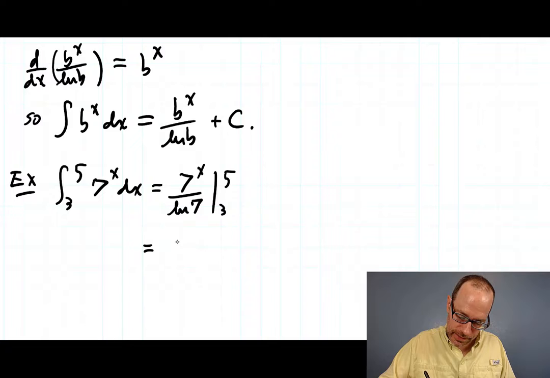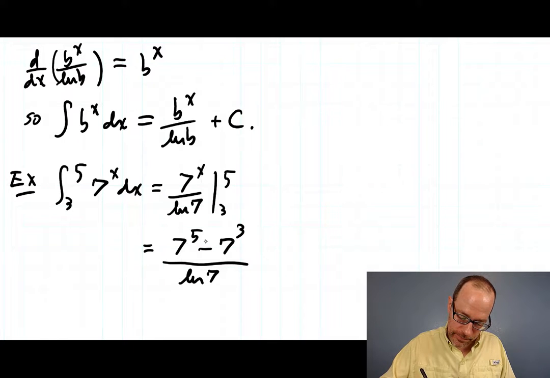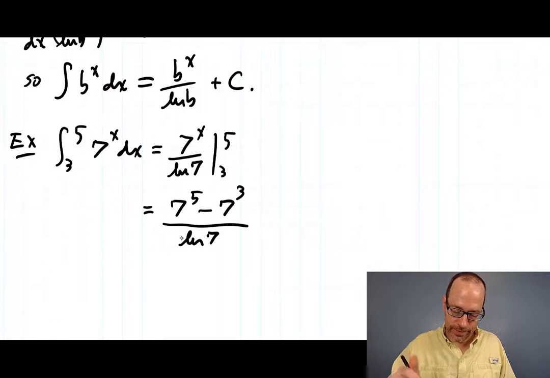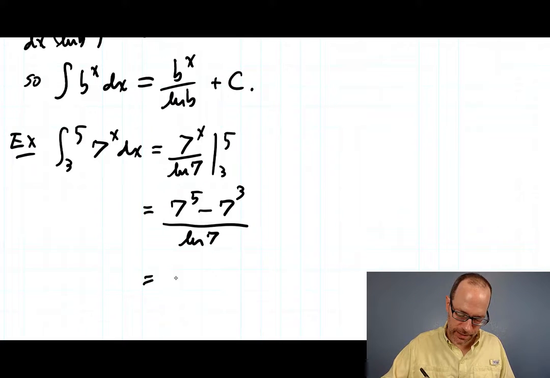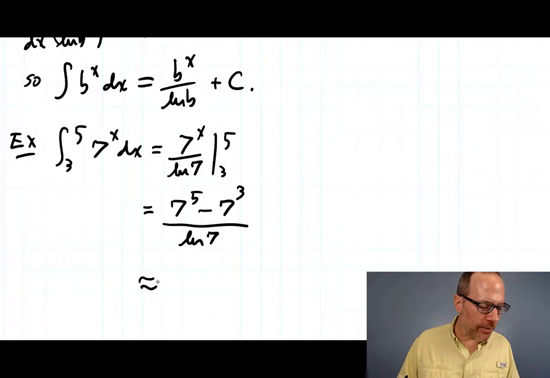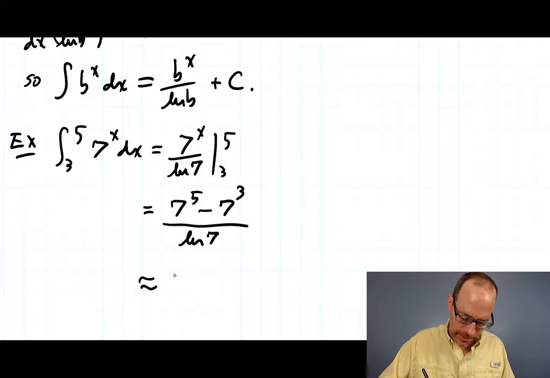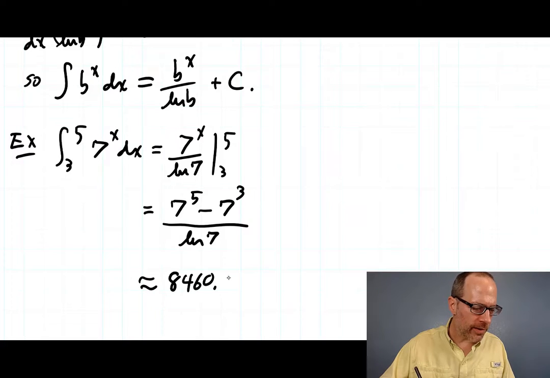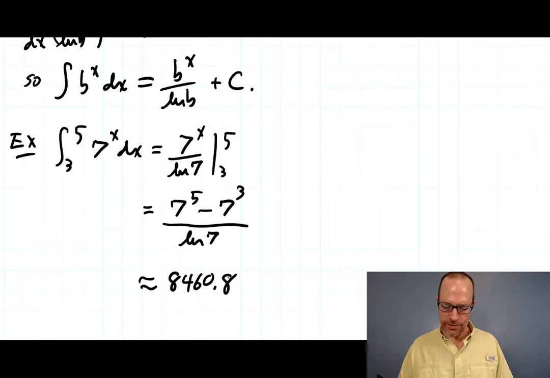So we get 7 to the 5 minus 7 cubed all over log 7. And, well, if you put this on your calculator, it's fine to leave this as the answer because that is the answer. But if you want a decimal number, it turns out to be about 8460.8 if you put it on your calculator.